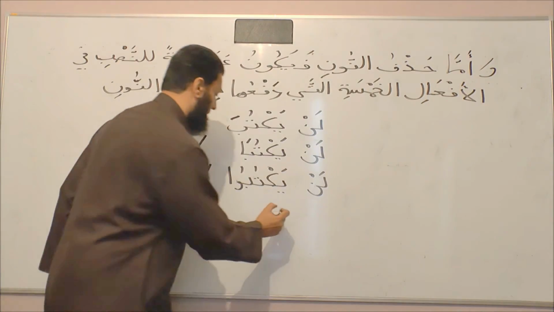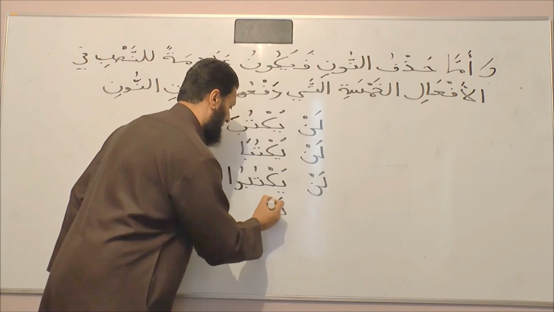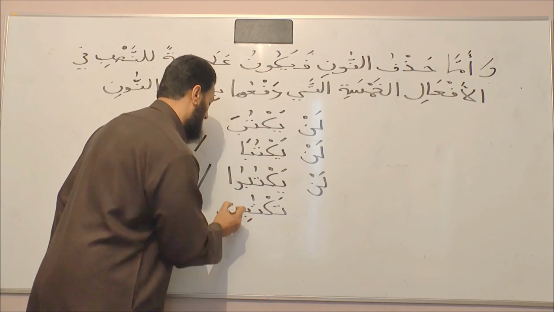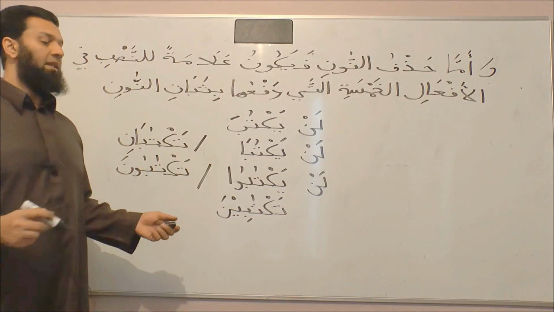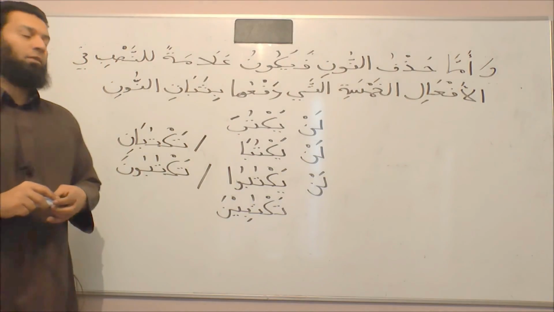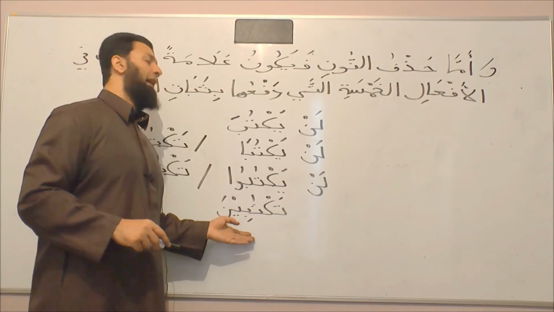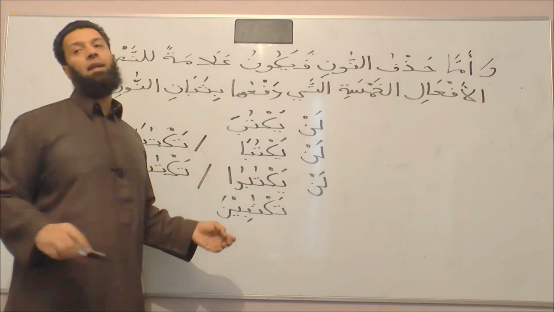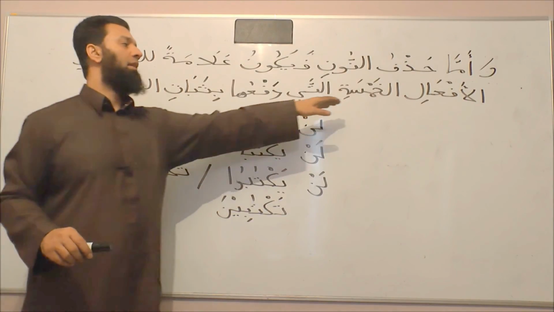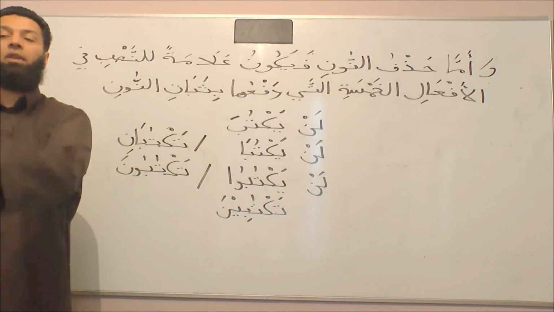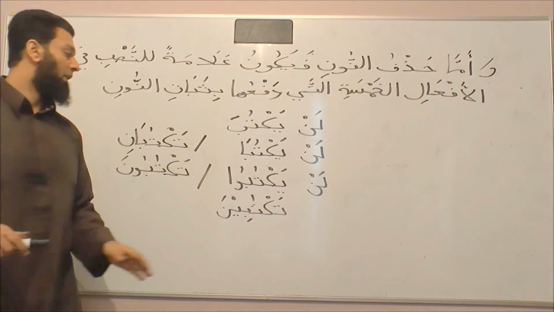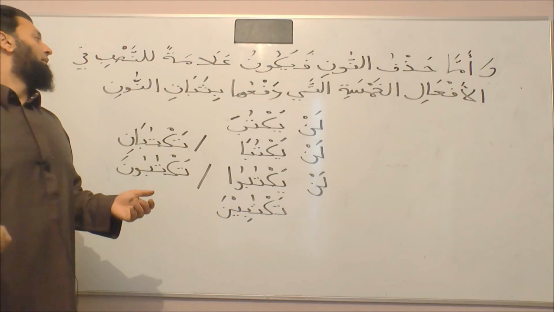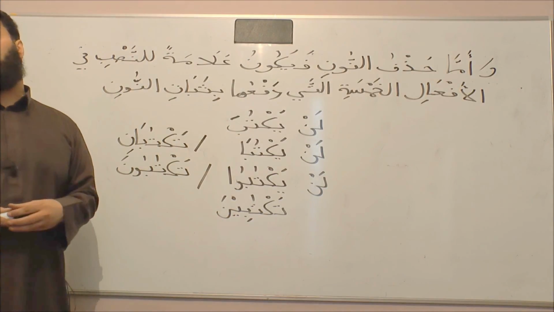Taktubina. What state is taktubina in? Marfu'un. How do we know? إثبات النون, because taktubina is min al-af'ali al-khamsati. It's the 5th conjugation, and that is in the marfu'un state بثبات النون, with the affirmation of a noon.